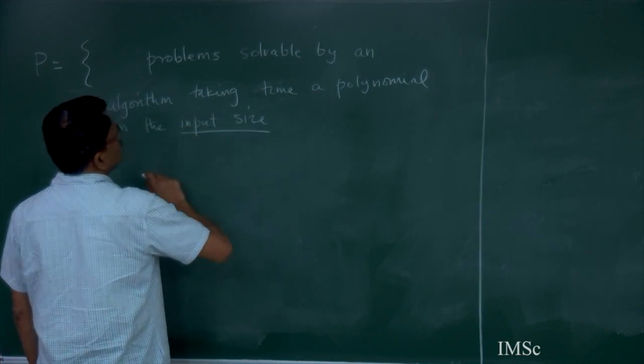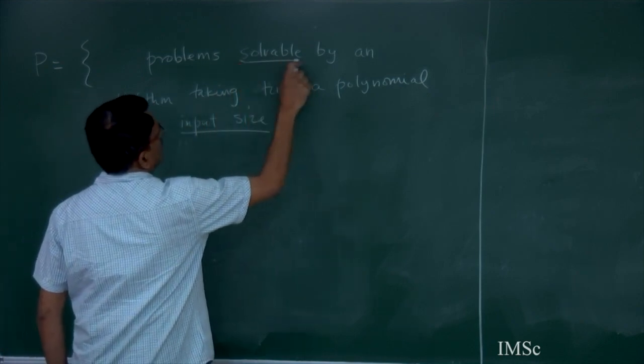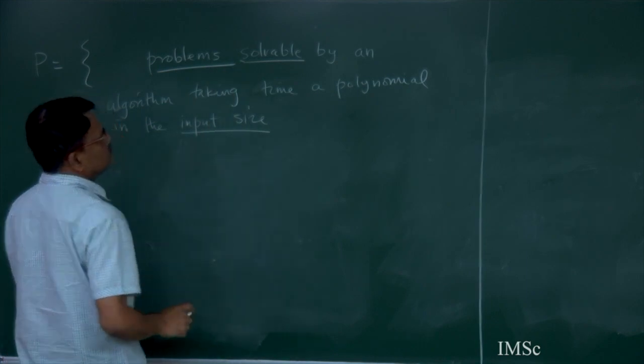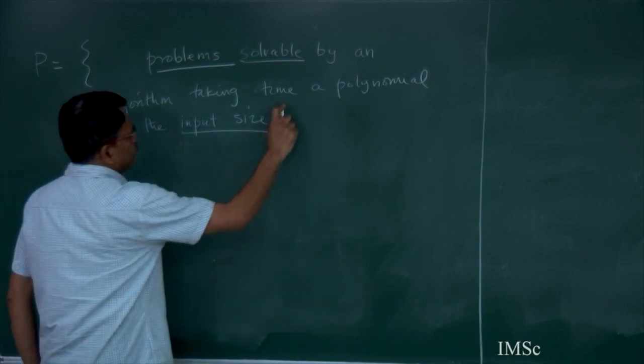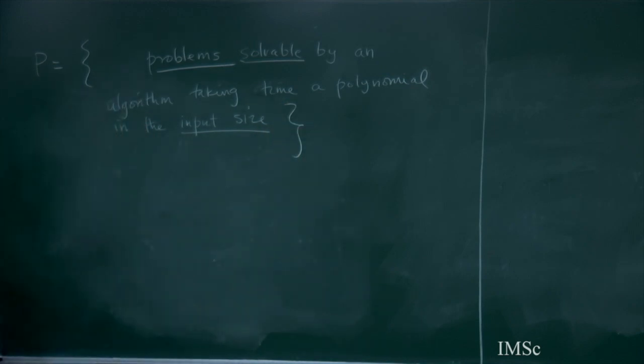Okay, so there are lots of things which need to be defined a little more formally because we are developing some sort of a theory. So, what is a problem? Right? We need to formally define this. What does it mean by an algorithm solving the problem, and what is input size?